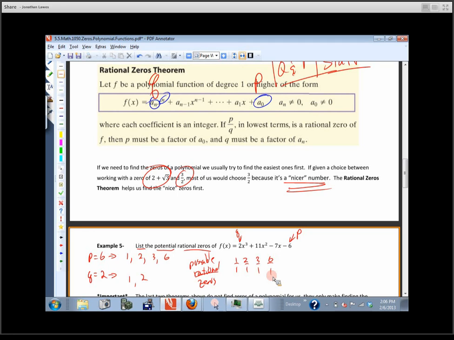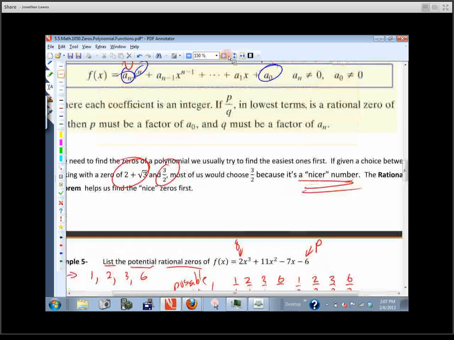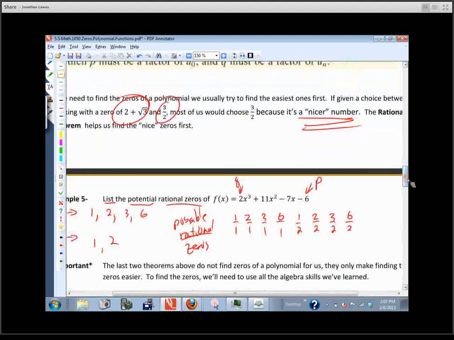So just 1, 2, 3, 6. I've done every one of these over the factor of 1. Now I need to do every one of these over 2. So the next ones are 1 over 2, 2 over 2, 3 over 2, 6 over 2. You with me so far?